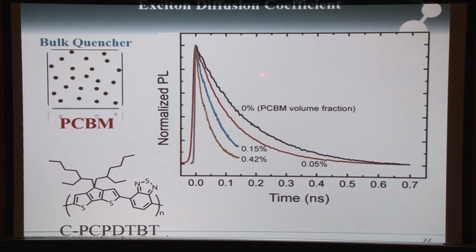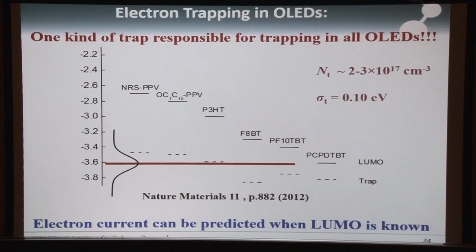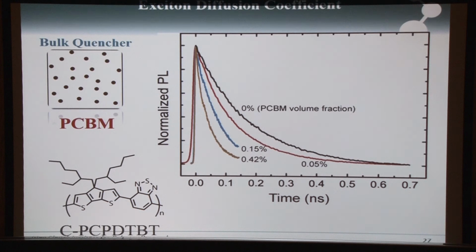This is a well-known polymer for solar cells, the PCPD-TBT. What we did here, it's also in this graph, we first did hole-only and electron-only devices, and we determined the amount of traps, which was electron traps, 5 times 10 to the 17th. And then we did time-resolved luminescence.